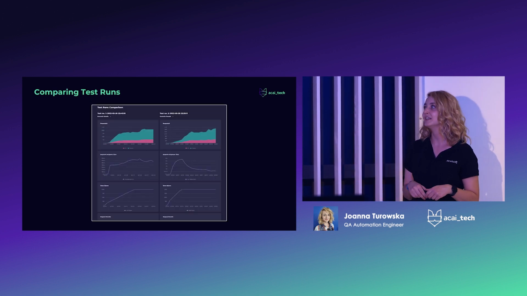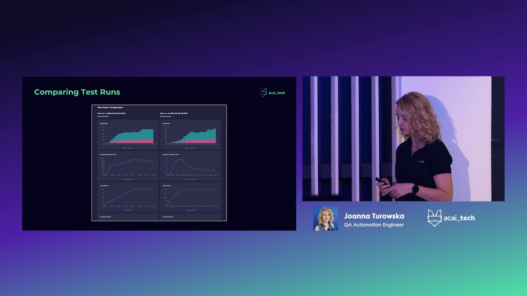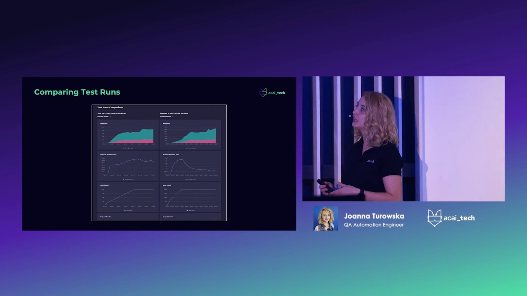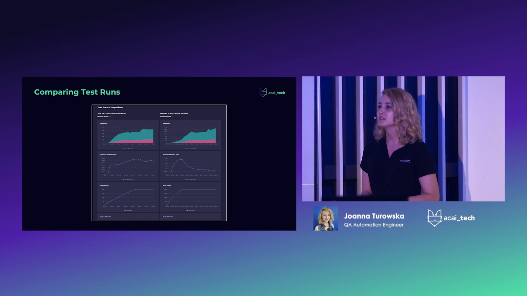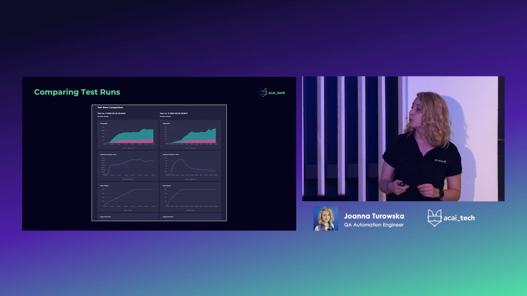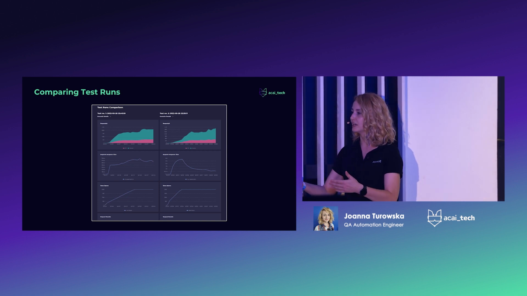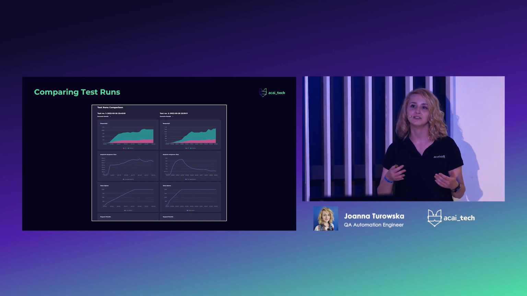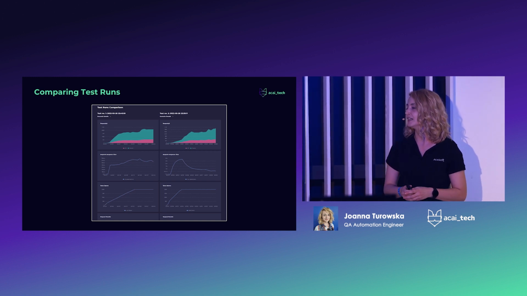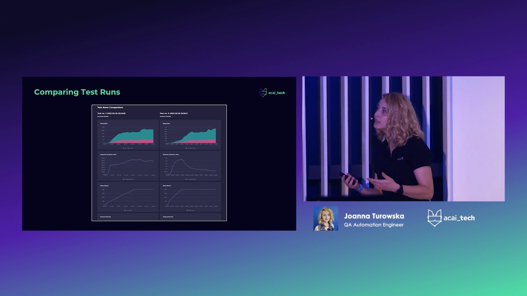And finally, what can be done in Bolt, the feature that we do use, is the possibility of comparing test results. We might want to compare the current tests with something that happened in the past and see if there were any improvements done meanwhile.